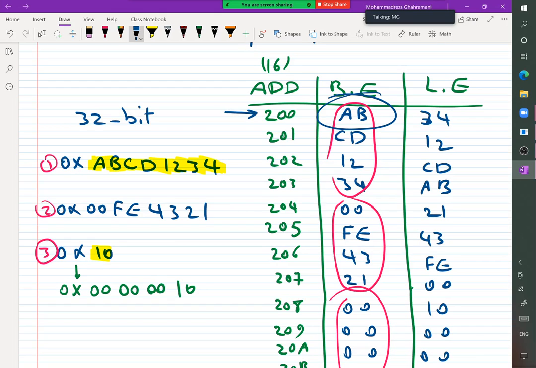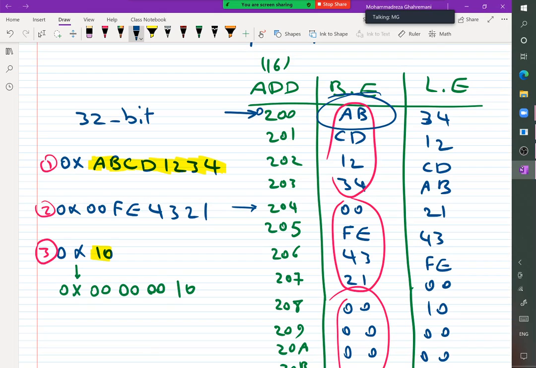By looking at the first bit of the address with offset 0, which is 200, we know whether the number is positive or negative. Then we go to address 204 and look at the first bit. If the first bit is 0, the number is positive. If the first bit is 1, the number is negative.